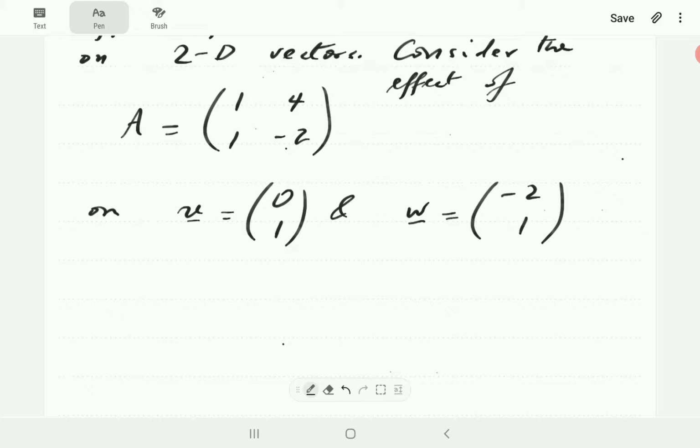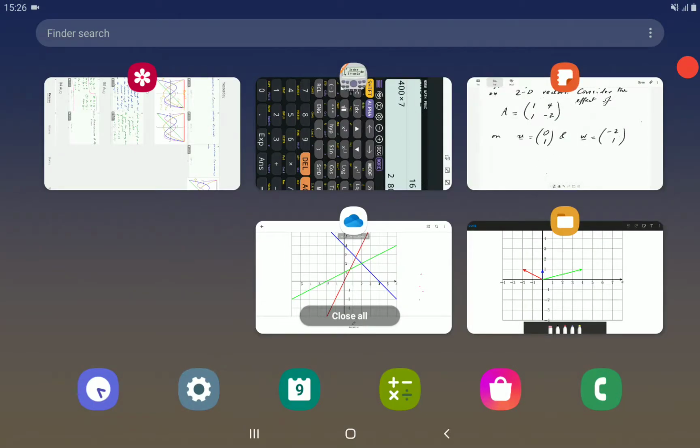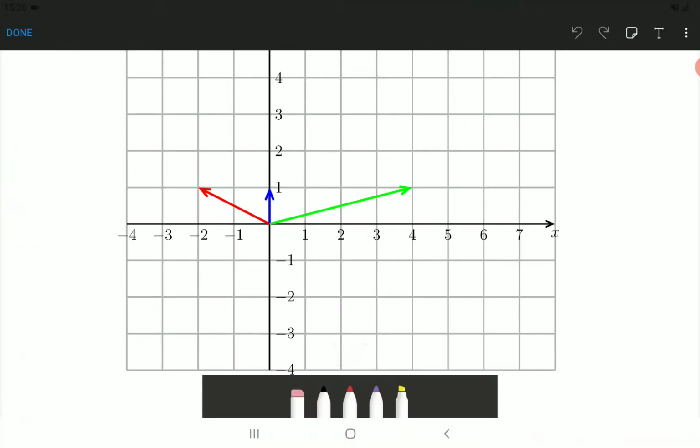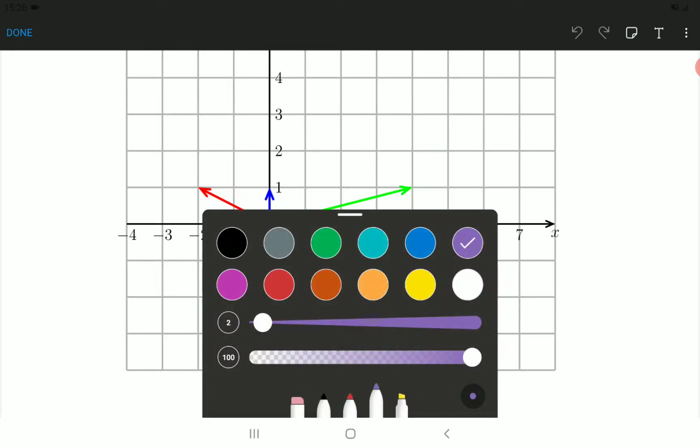Right, so I want to see what the effect of this matrix is as a transformation on these vectors. So we're going to go to our xy grid so that we can see what these effects are. On this grid here, we can see that the vector u, we already have it there.